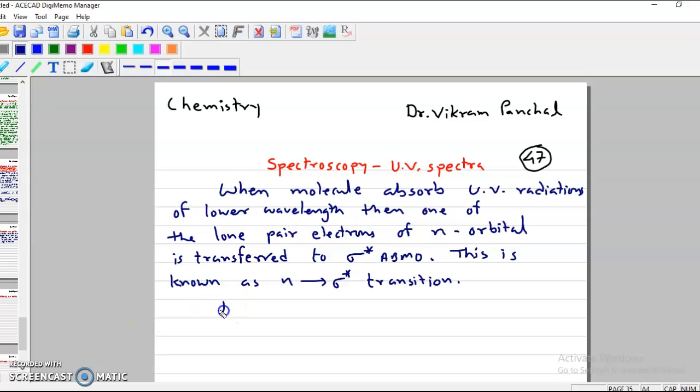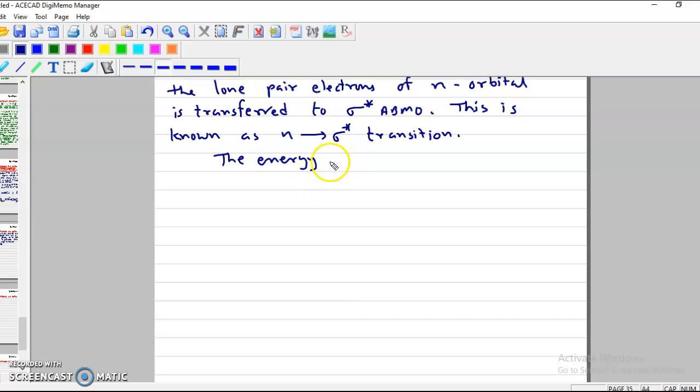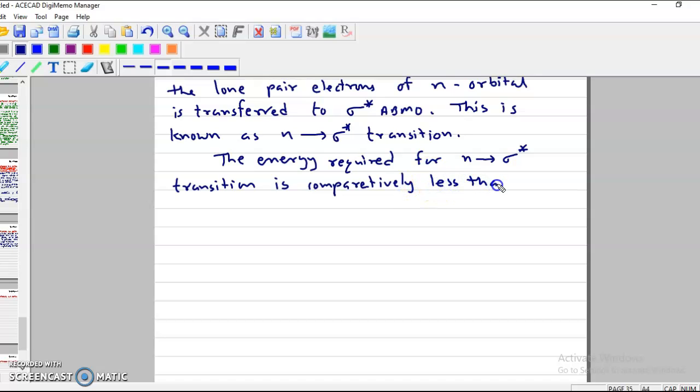The energy required for n to sigma star transition is comparatively less than sigma to sigma star transition.